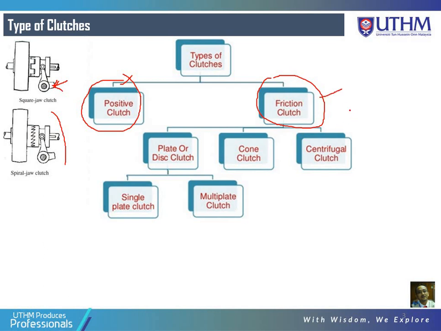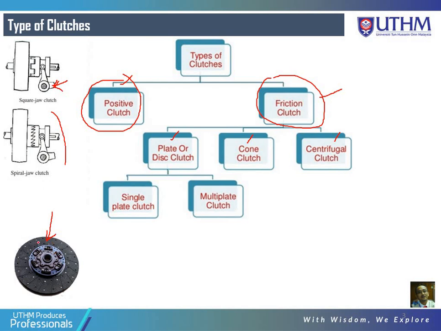Alright, let's look at the friction clutch. Under the category of friction clutch, we have a friction clutch with a plate or disc, a friction clutch with a cone, which is the cone clutch, and another one is the centrifugal clutch. This is a typical friction plate clutch, or plate or disc clutch.